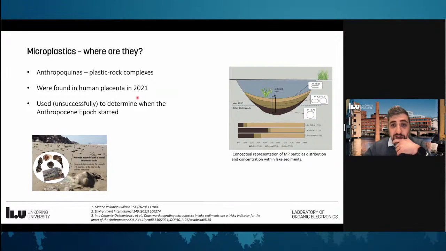However, they were not able to use them to determine when the Anthropocene started, because they found microplastics in sediments even from before 1950, before the modern plastic era came into existence. So it means that microplastics are really diffusing into the Earth's crust more and more deeply.